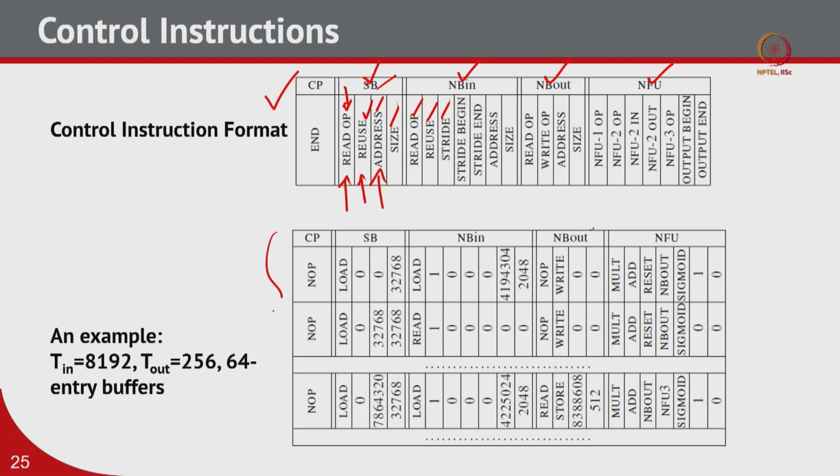And then when we launch this bunch of instructions, the result is one fully connected layer. This is an example set of instructions when we have T in equal to 8192, T out equal to 256, and 64-entry buffers. Again, I am not going into the details, you can read the paper to know more about the control instructions, but at a very high level, whenever any company proposes a new hardware accelerator or new architecture, they have to accompany that hardware with software.